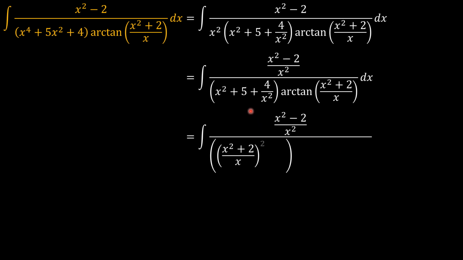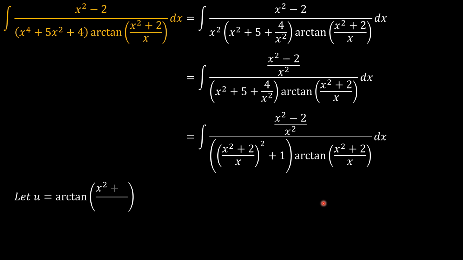And that is the derivative of whatever is in the arctangent. And when we also look at what remains, x squared plus 5 plus 4 over x squared, that's the same as (x squared plus 2 over x) squared plus 1. So now let's substitute for the complicated part, the arctangent of x squared plus 2 over x. So let u be equal to the arctangent of x squared plus 2 over x.